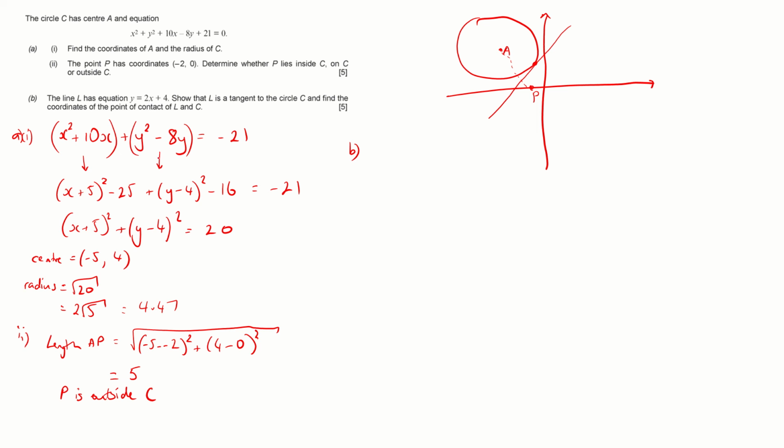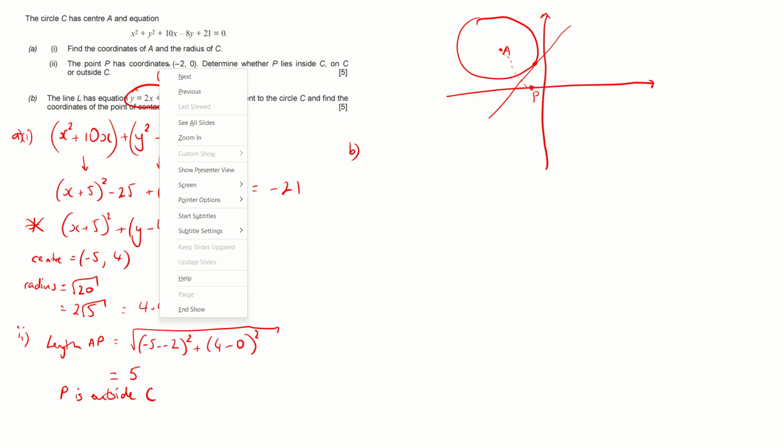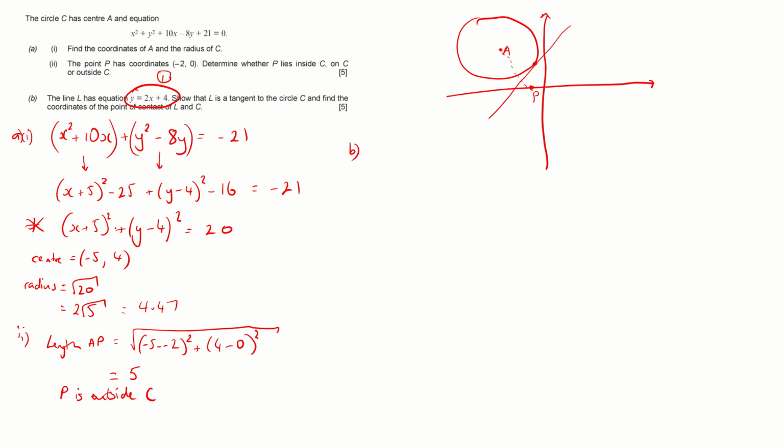So we have our equations. We have the straight line equation there, and we also have, I'm going to go for this as my equation of the circle, the bit with the star next to it, rather than the original one, because it's a bit complicated. So I'm going to call this one equation 1, and this one equation 2, and I'm going to sub 1 into 2.